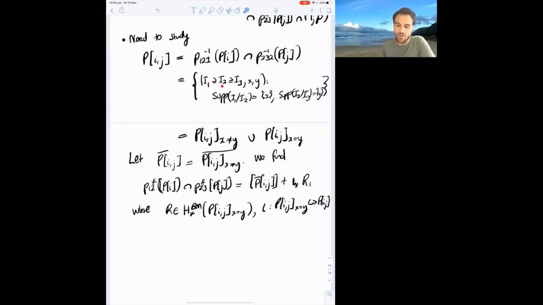And to go from I1 to I2, you add X with multiplicity. So you have to add X I times. So X has multiplicity I, and then to go from I2 to I3, which is a larger set of points, you have to add Y with multiplicity j. That's what this is meant to be describing. So this is kind of like a nice locus, if you like.